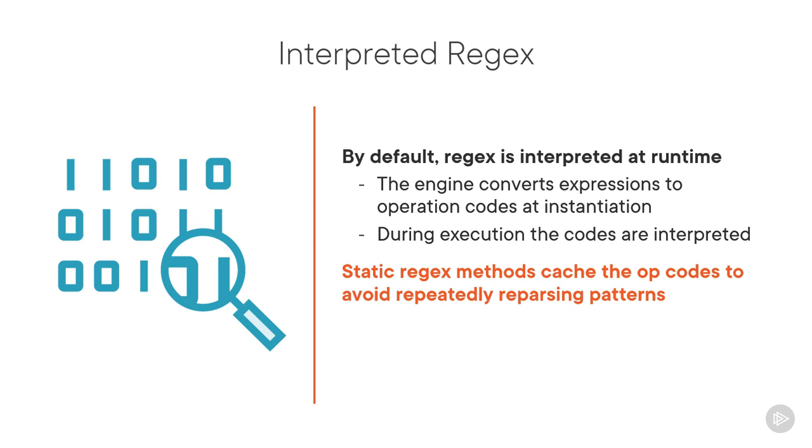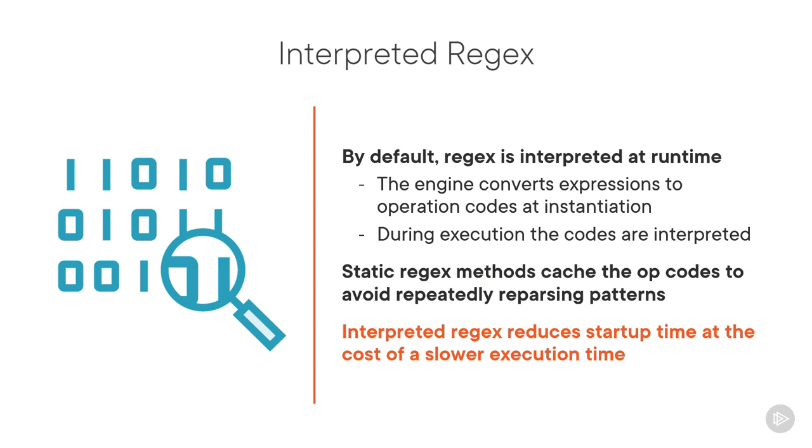When using the static regex methods, the same steps must take place, but the static methods offer an advantage in that a cache can be used to avoid repeated overhead from reparsing the same pattern time and time again.